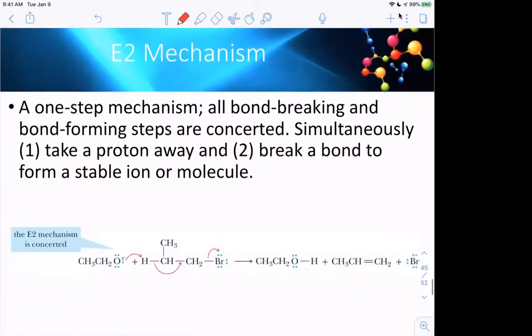All right, let's look at E2. This is my one-step mechanism. All the bond breaking and all the bond forming steps are going to be concerted. So simultaneously, I'm going to take a proton away and break the bond where the leaving group ends.